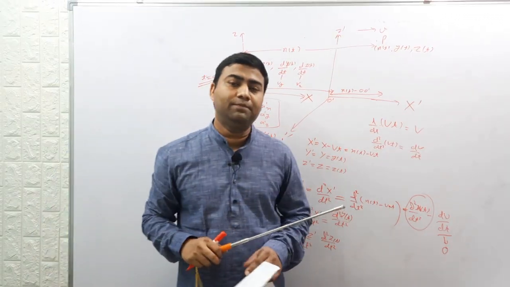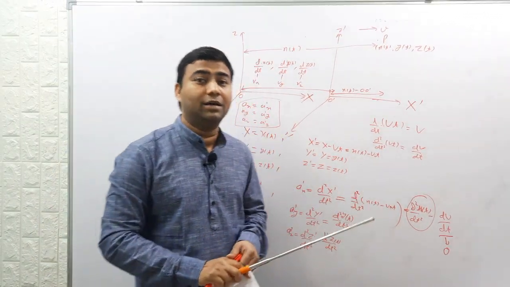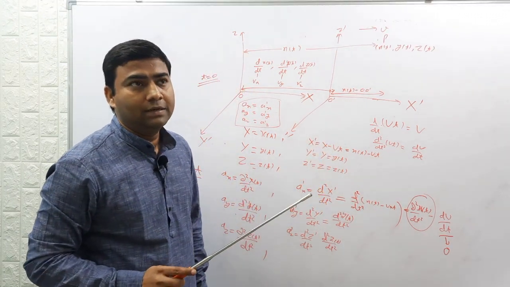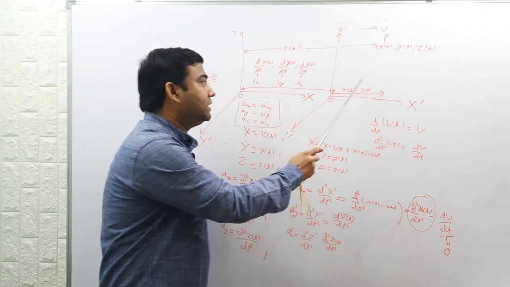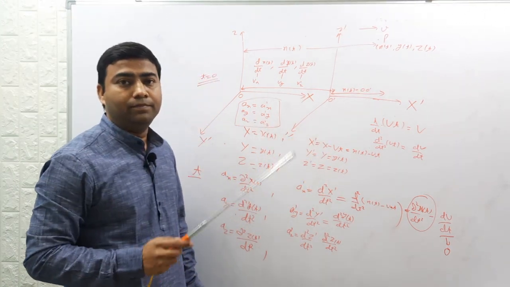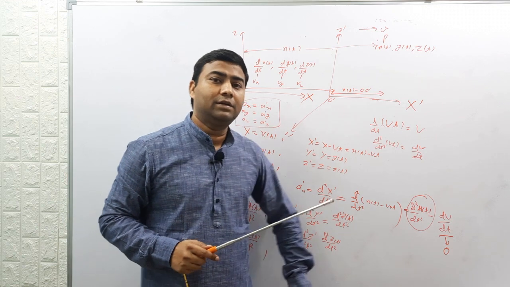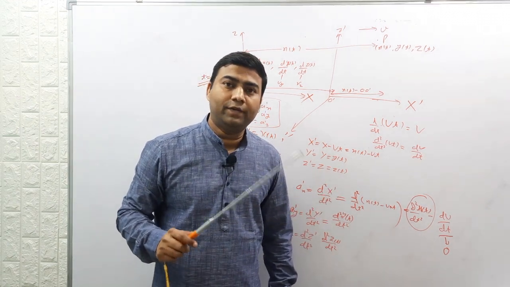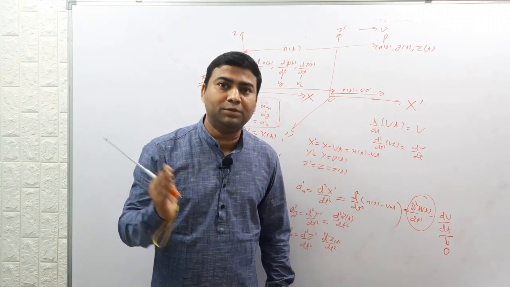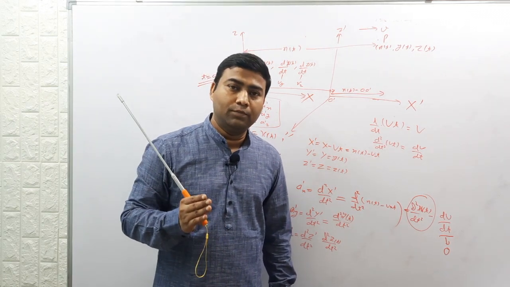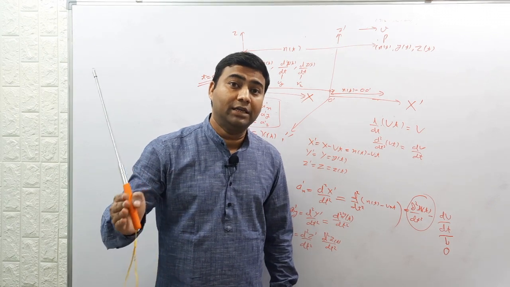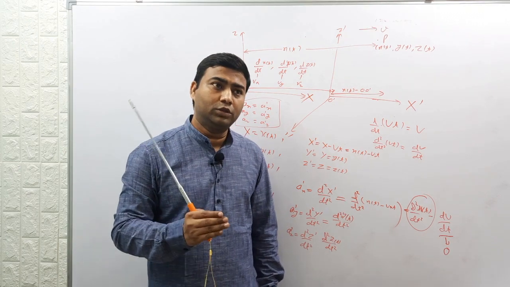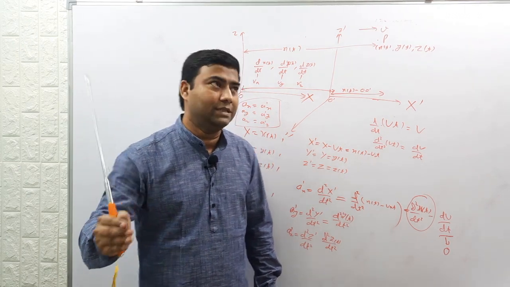So this draws a very important conclusion why we call it an inertial frame. Even though this frame is moving with velocity v, it is also an inertial frame, because the name inertial frame comes from Newton's first law of inertia. Newton's first law says that in the absence of any force, the motion of the particle will remain unchanged.